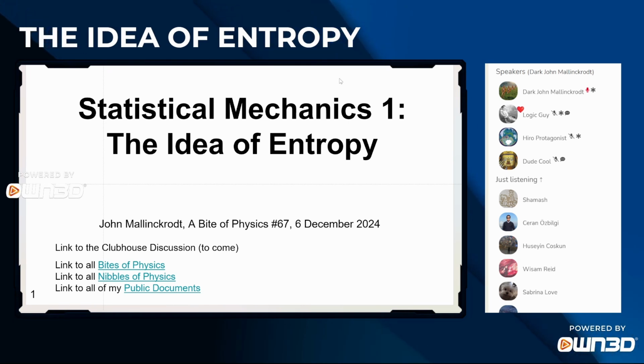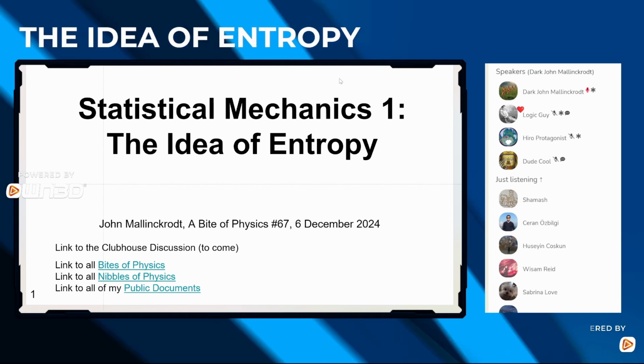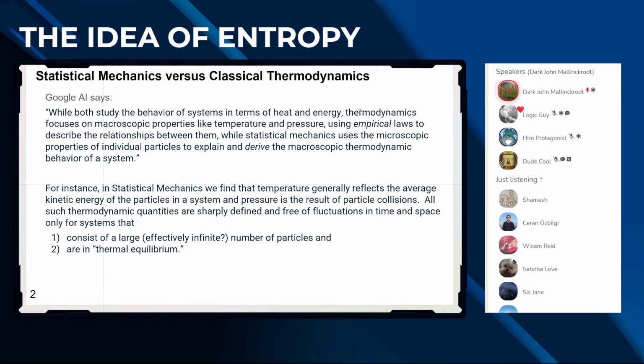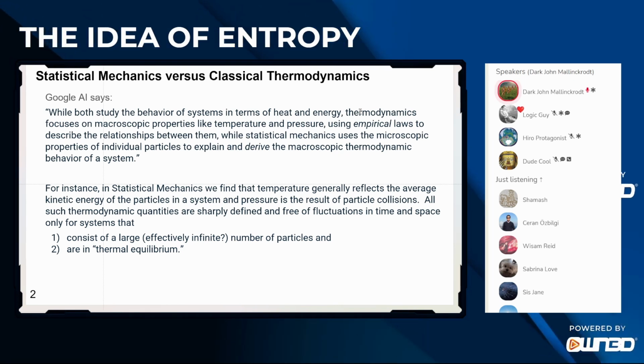So let's get started with slide 2. Statistical mechanics versus classical thermodynamics. Statistical mechanics is a more recent version of an older study in thermodynamics, which began well before we had any clear indication that atoms existed.